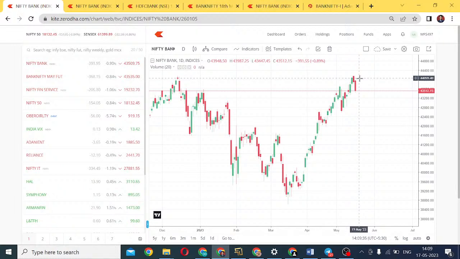So marubozu also, as a candlestick, people only teach single marubozu. So you have green and red marubozus. Actually marubozus are 6 types. You have bullish and bearish marubozu, which is a complete solid body where open and close there is no wick. That is a standard pattern.